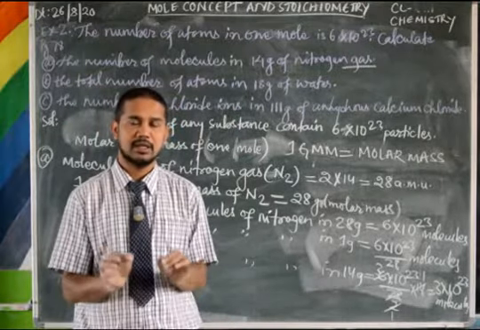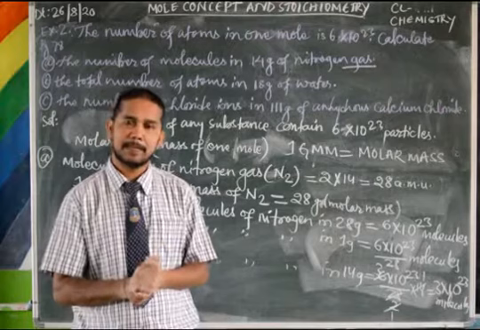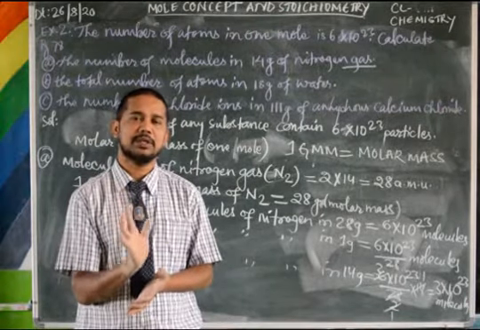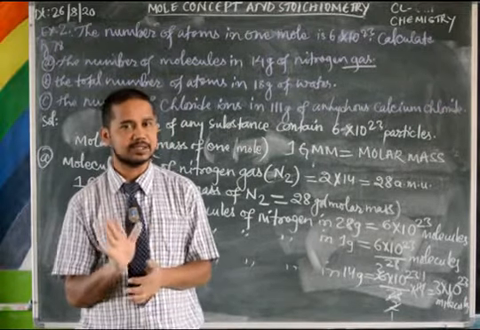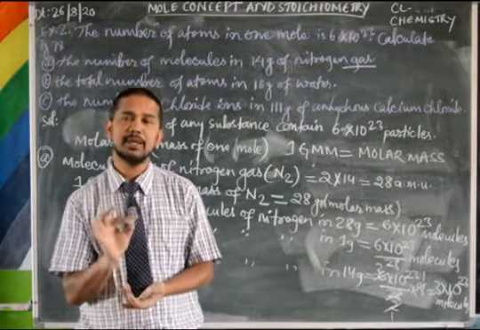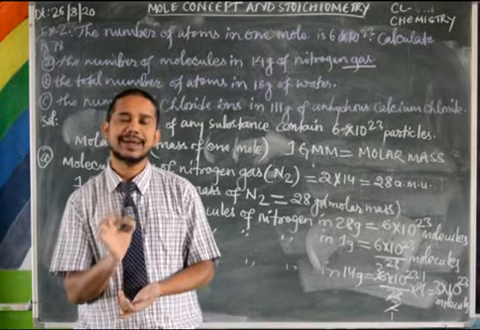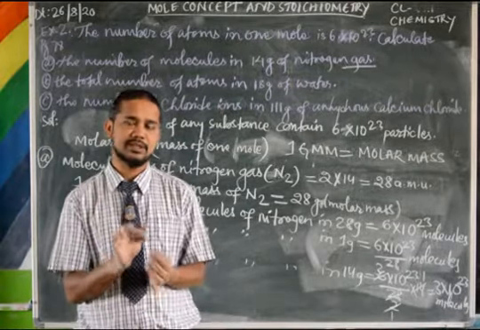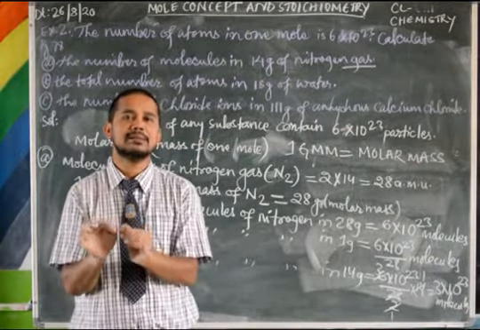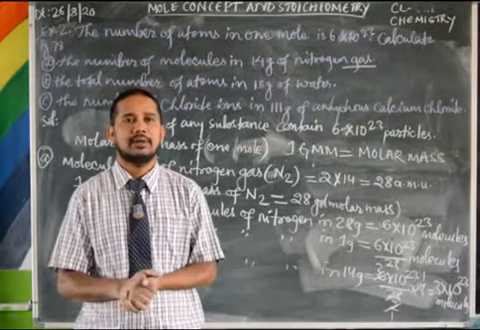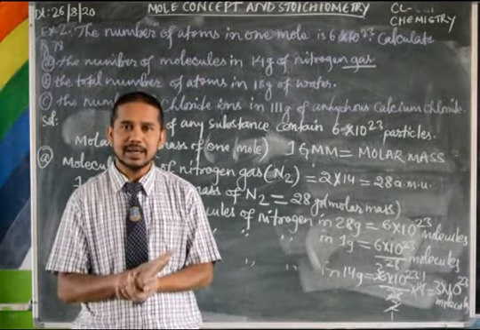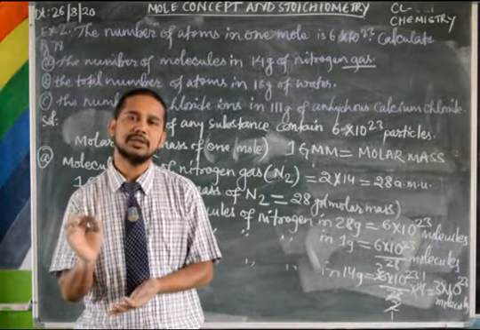Got it? Let me tell you again. Relative atomic mass is the mass of an atom. Relative molecular mass is the mass of a molecule. Gram molecular mass is molecular mass expressed in gram. And molar mass is equal to gram molecular mass.